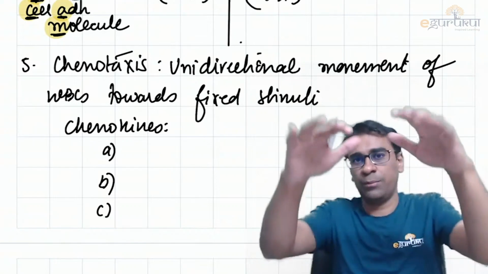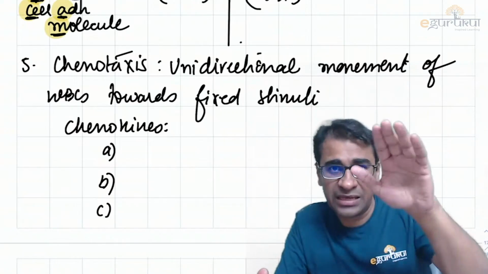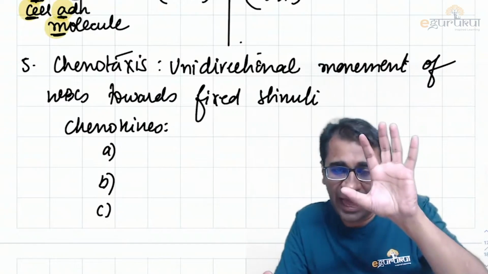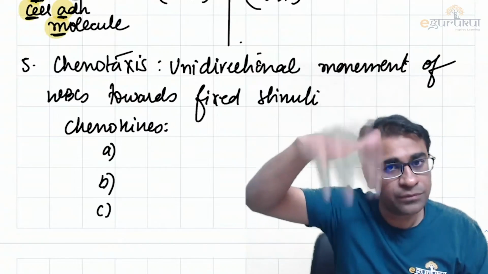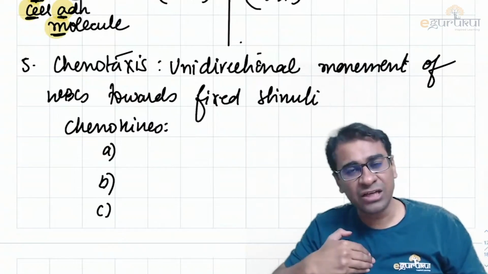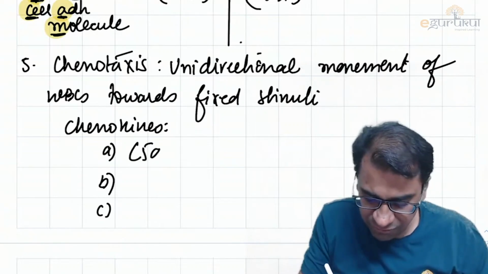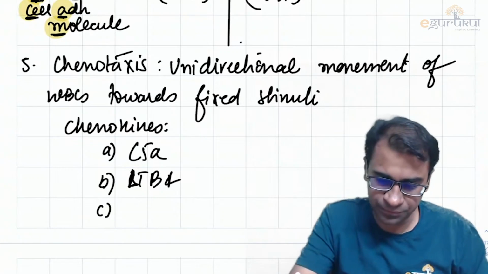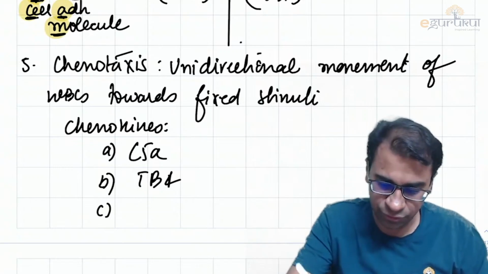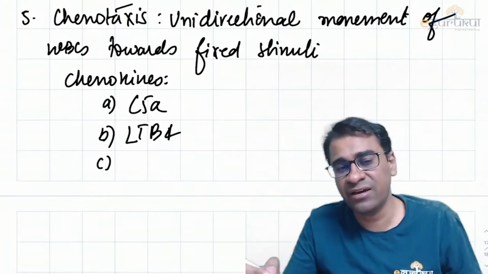Suppose I ask you to come here, I'll tell you C5A. अब A से क्या? आओ. समझ रहे हो? I'll ask with my five fingers. इधर आओ. So when you come here, I'll ask you to stand before me. समझ रहा है? So the next is C5A and LTB4. Before say LTB4. This B4 stands for LTB4. Okay, LTB4. And it is complement C5A.